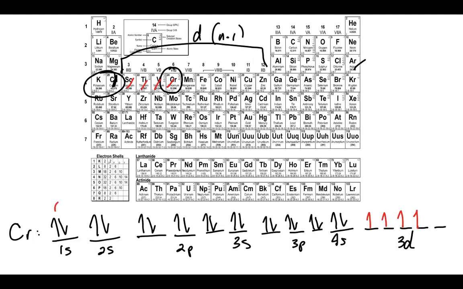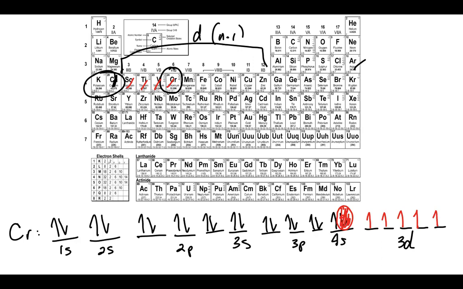So we've got 1s2, 2s2, 2p6, 3s2, 3p6, 4s2, 3d4. But it is not, in fact, the correct notation, because it turns out, and you wouldn't know this other than the fact that we've done it by experiment, that chromium has a lower energy state if one of the 4s electrons is removed and used to fill the 5th 3d orbital.